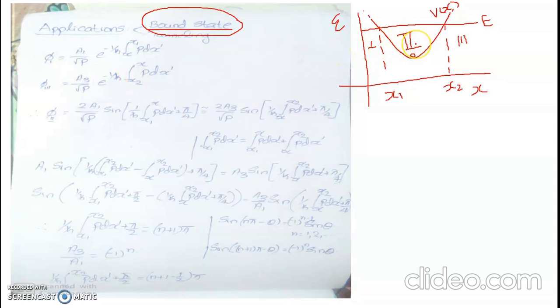Now in region 2, using the connection formulae, you can write the wave function either by connecting its nature with the wave function in region 3, which is already known, or with the wave function in region 1, which is also already known.